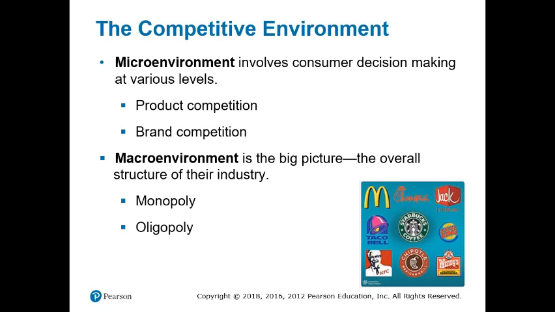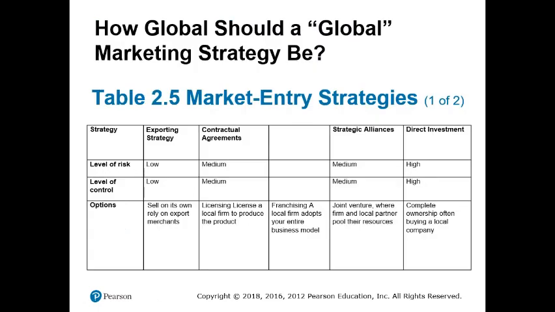You have a competitive macro environment. For example, fast food sectors, fast food industry, you have not one major player or the predominance of one or two major players, but you have more competition.